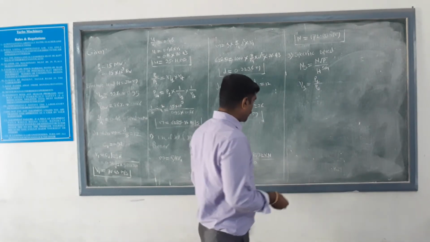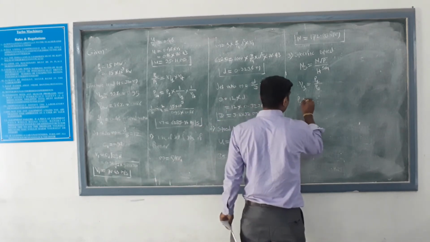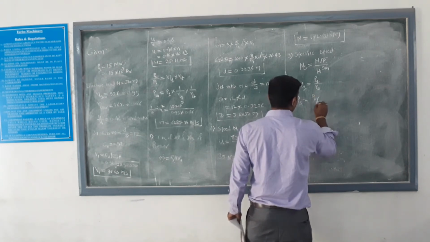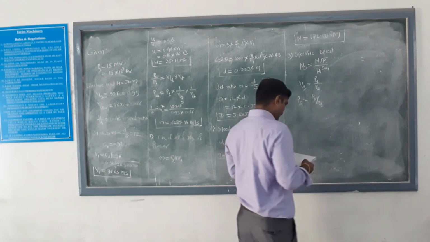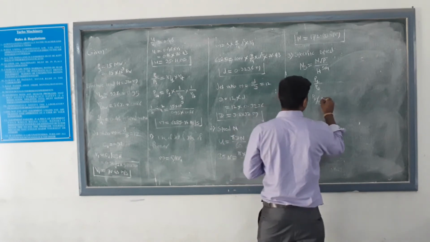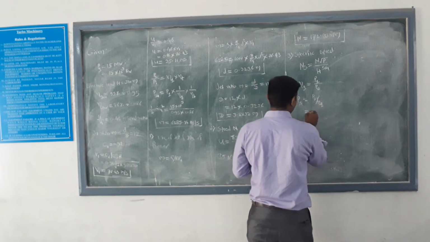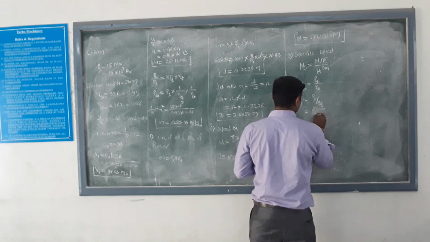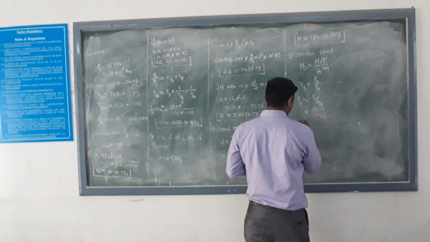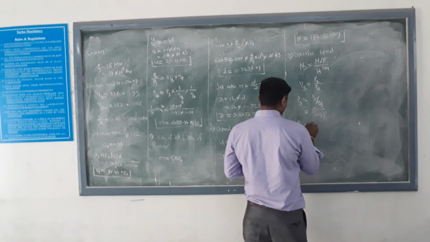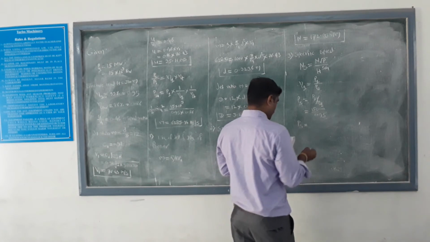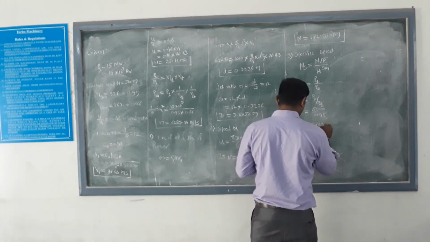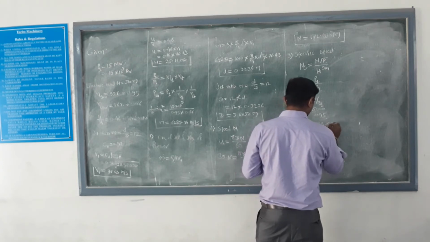So find out Ps, using the efficiency 0.95. Shaft power equal to 15789.5 kilowatt.